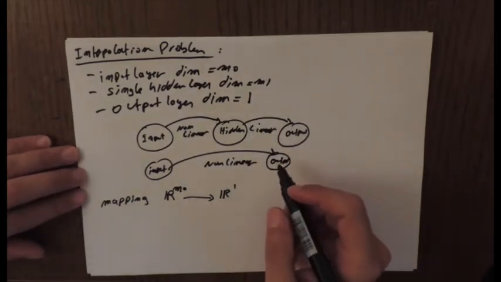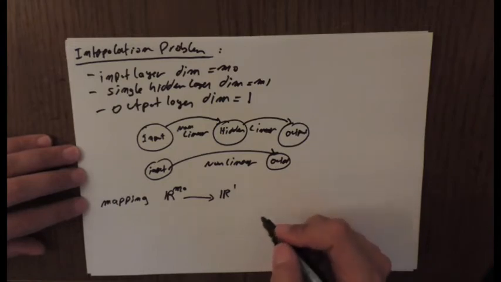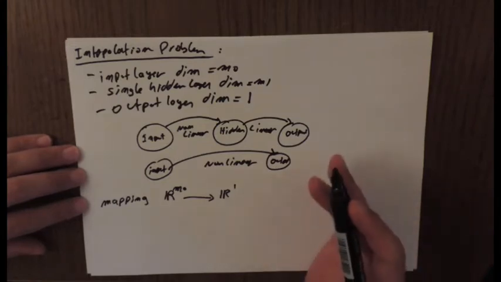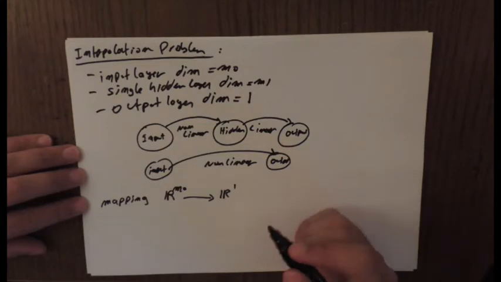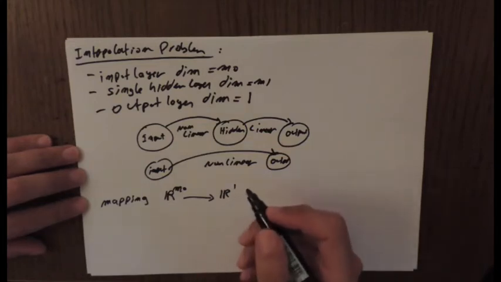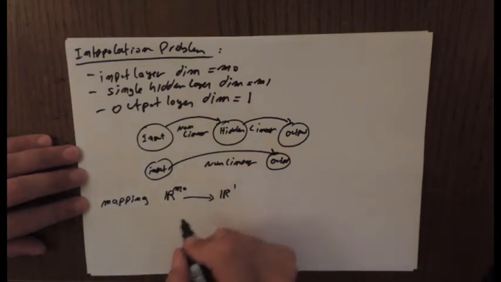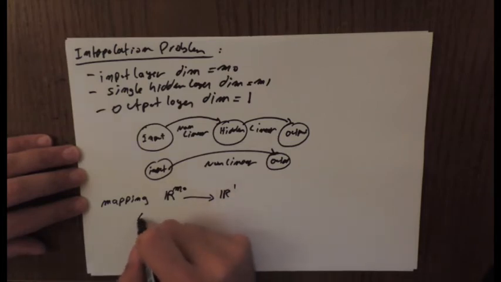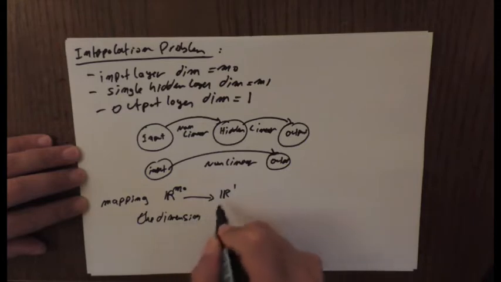This needs to be passed by a hypersurface. The hypersurface that will separate those is of dimension M0 plus 1, and I'm going to explain why.